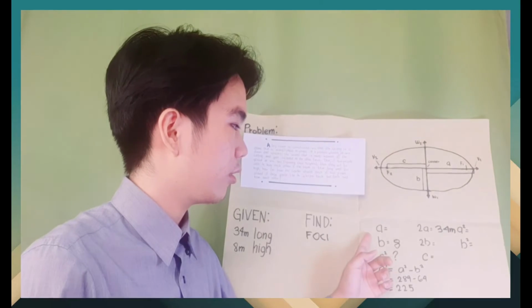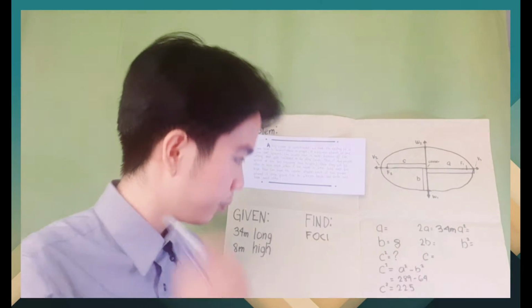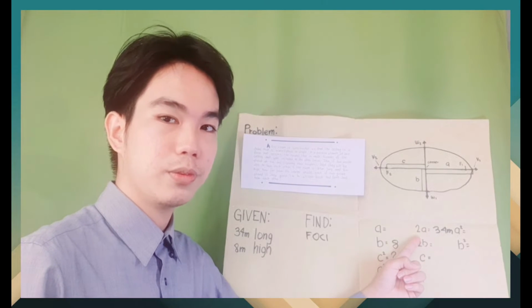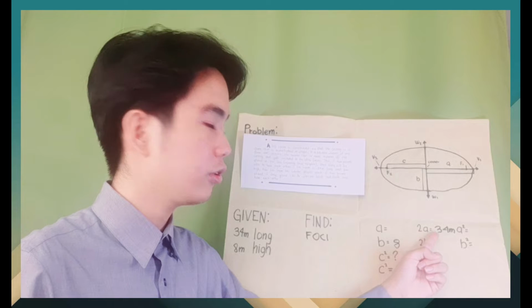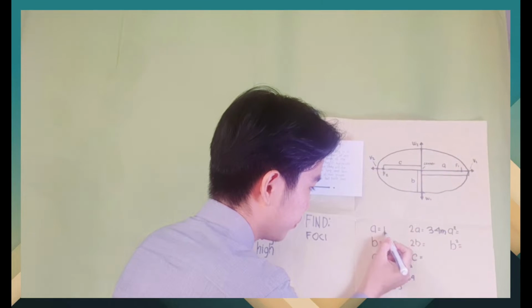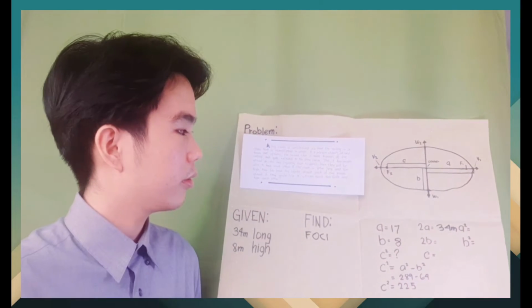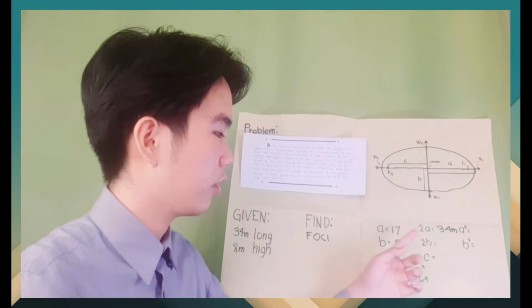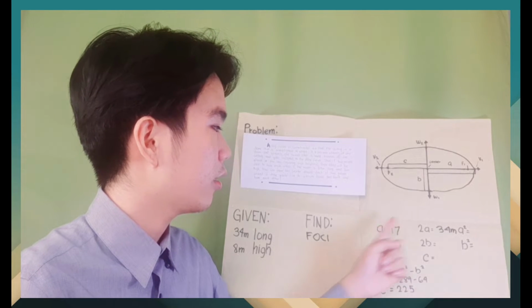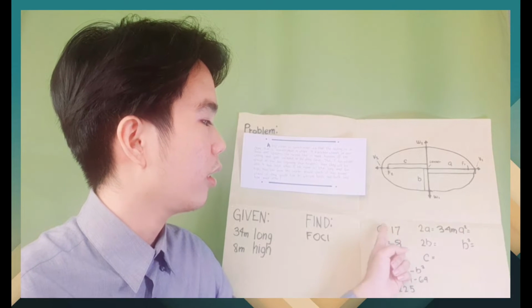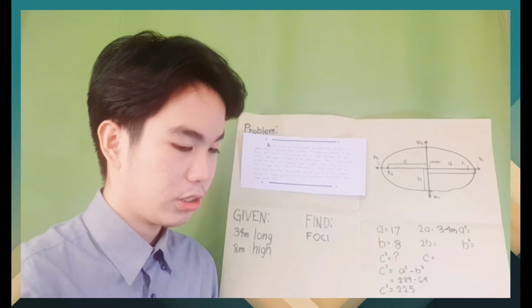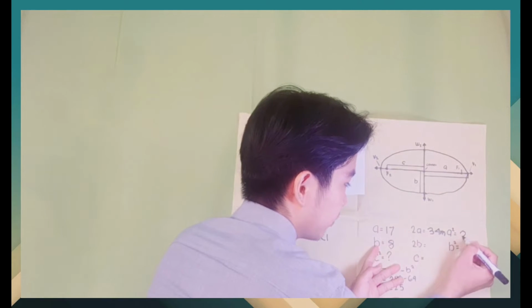So let us now find the other demanded variables. The 2a is 34. So 34 divided by 2 is 17. Let us now find the value of a squared. a multiplied by a, or 17 multiplied by 17, is 289.